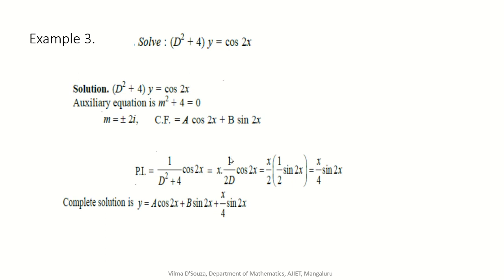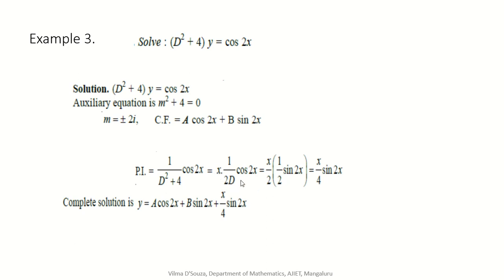So x into 1 by, what is the differentiation of the denominator? Differentiation of the denominator is 2d. So x into 1 by 2d of cos 2x. What is 1 by d? 1 by d, as I told you, stands for integration.